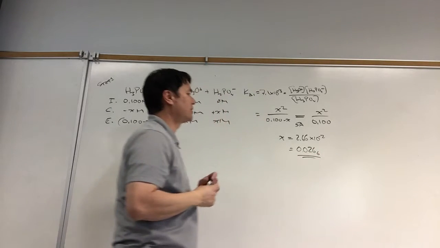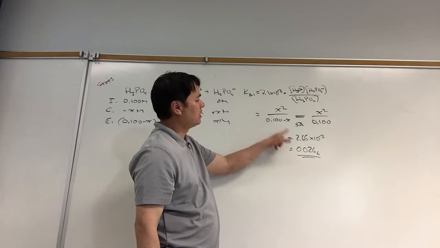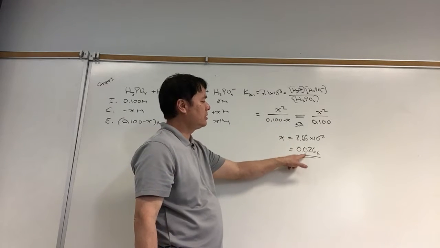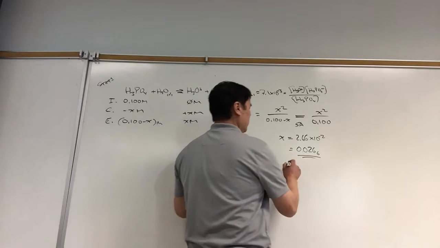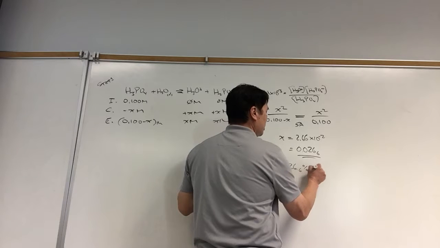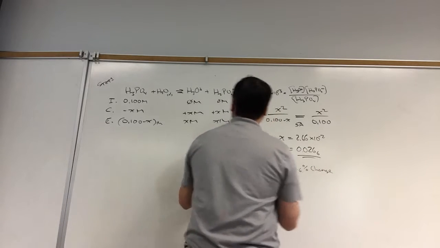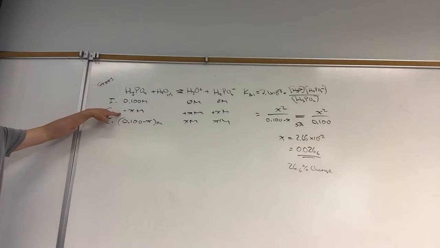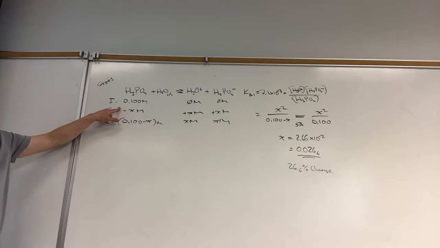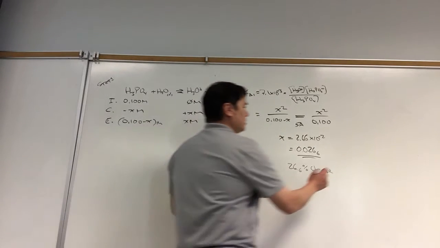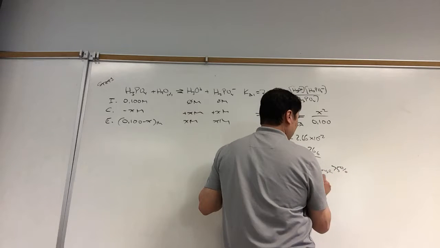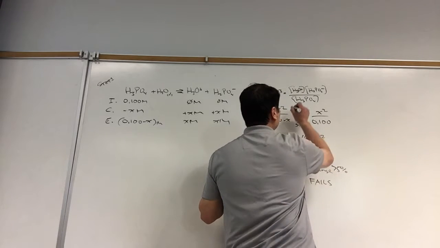X is 0.0266, so this is why I like 0.100, because this would be a 26.6% change. We call that percent reaction, because we're losing that out of 100, or percent ionization. Is that okay for the simplifying assumption? No, the percent change has to be less than 5%.